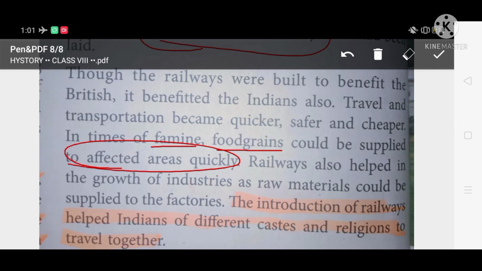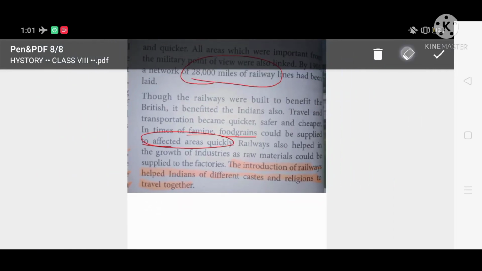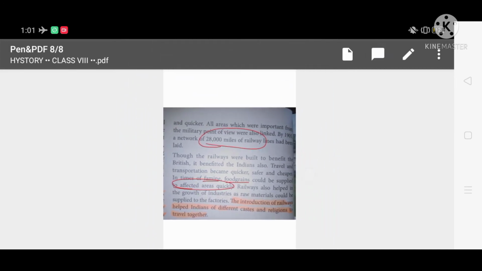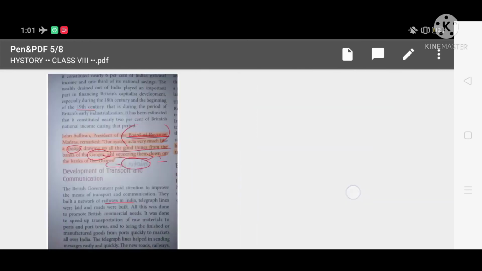Railways also helped in the growth of industries, as raw material could be supplied to the factories. Introduction of the railway helped Indians of different castes and religions to travel together. So we can't say the railway hasn't benefited us. In one way it has benefited us, and in another way it benefited the British also.